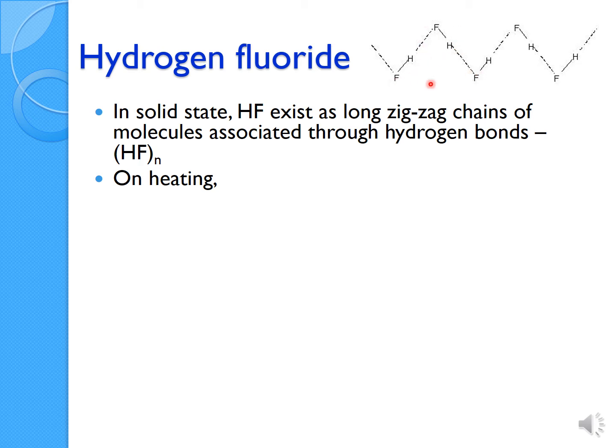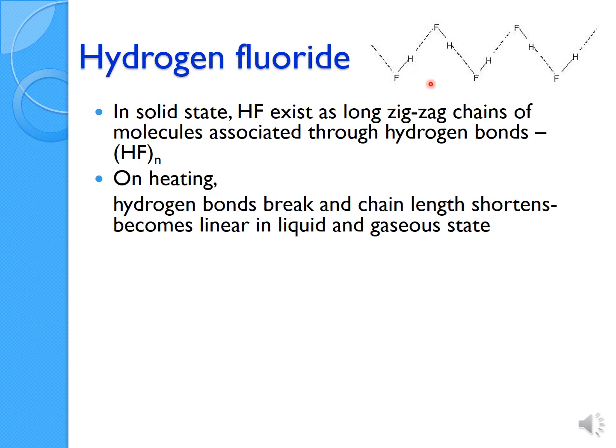This association will be broken. So the hydrogen bonds break, and what happens to the chain length? The chain length will shorten and it becomes linear. In the solid state it was in a zigzag manner, but as we heat it and it forms a liquid, or if it is converted to a gaseous state, it becomes linear.